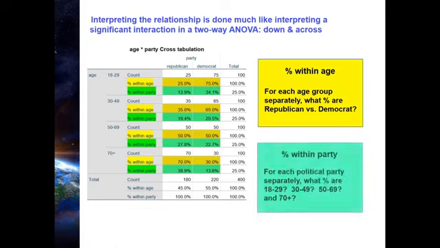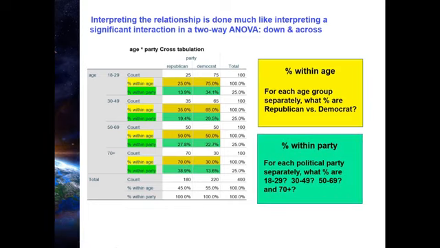But you can also look the other way and say, okay, well, let's look percent within party. So if you look at that, then what you're doing is you're saying for each political party separately, just all by itself. So we're going to isolate all the Republicans here. And we're going to say of the Republicans, what percentage were younger, a little bit older, and oldest.